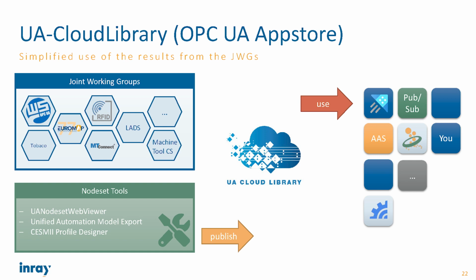They can use tools like the UA Node Set Web Viewer, the Unified Automation Model Export plugin, or the Sesame Profile Designer to publish the defined standardized node set informations to the UA Cloud Library, which in turn can be used by, for example, the Azure Data Explorer, the Asset Admin Shell, the OPC router, the Sesame Profile Designer, once again, maybe you in the future, or even OPC UA PubSub, as it's currently being extended, as Erich already mentioned in the previous talk, regarding linking directly to UA Cloud Library contents.